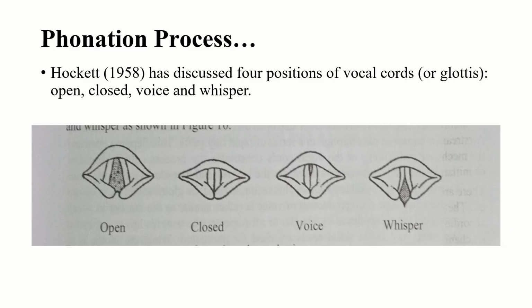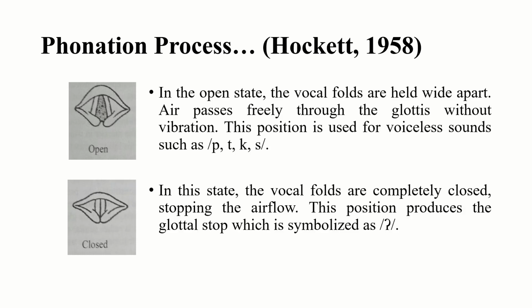According to Hackett, there are four states of the glottis that I already told you: open glottis, closed, voice, and whisper. Now the description is here. What happens in the open glottis? The vocal folds are held wide apart and air passes freely through the glottis without vibration.